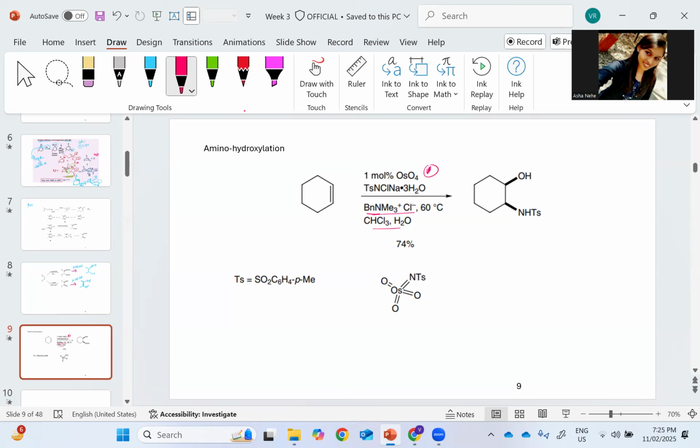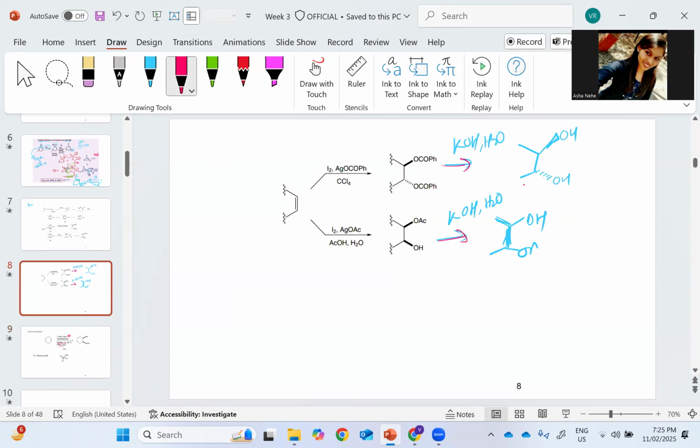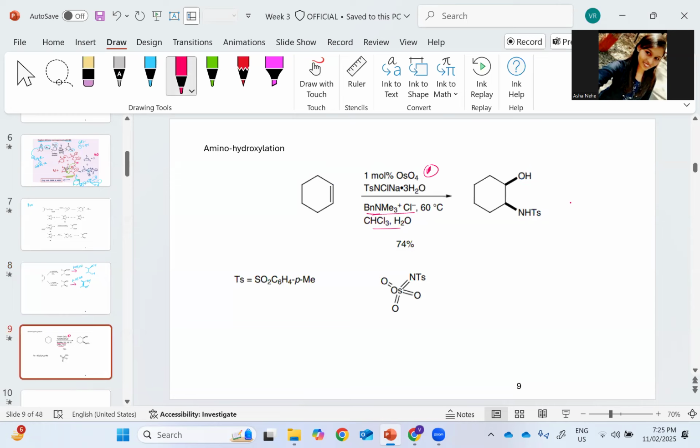In the previous reactions, as you see, we get dihydroxylation, syn as well as anti. In this reaction we get amino hydroxylation, and it occurs in the syn fashion. If you look at the stereochemistry, both are beta. We get this stereochemistry by using this reagent combination, and this is the active reagent.